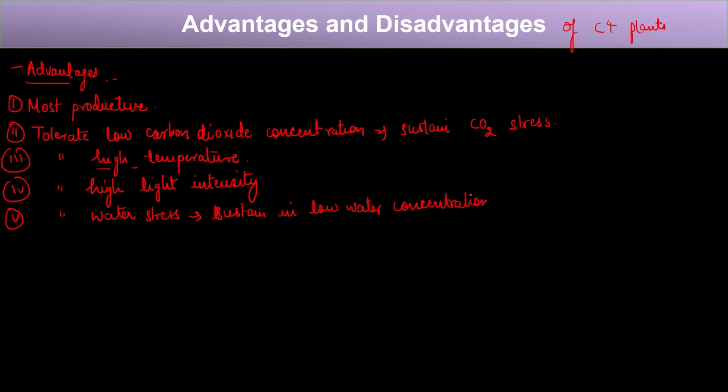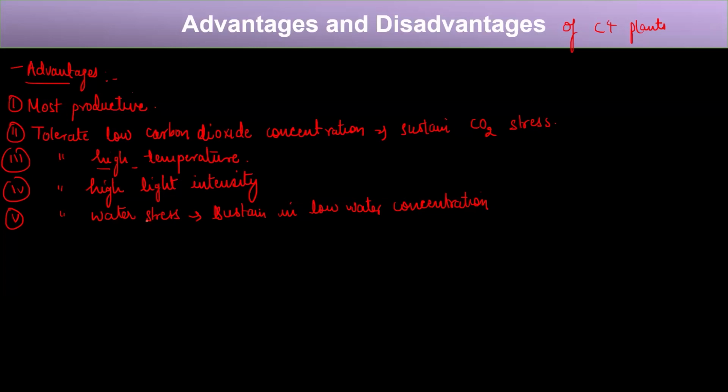Now, why does this happen, or how do they sustain in low water concentration? This is because of the presence of a special kind of stomata. We know the stomata undergo opening and closing and prevent water loss, right?